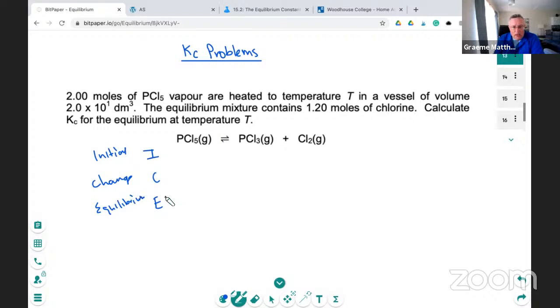Now, 2 moles of PCl5. They told me the volume is, side note, can I just call this 20? I know it's 2.0 times 10 to the 1, but I'll just call it 20 decimeters cubed. The equilibrium mixture contains 1.20 moles of chlorine, and they want to know what the value of Kc is.